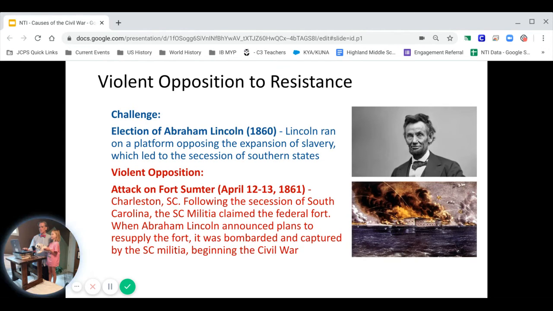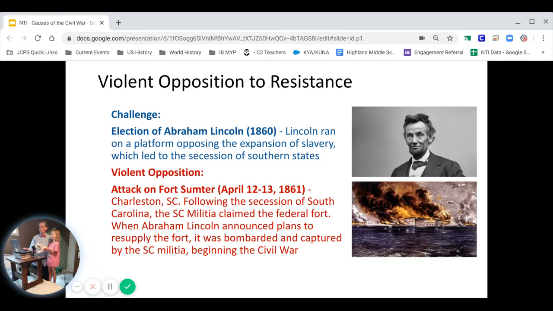So not only did they secede and were no longer considering themselves part of the United States, but in South Carolina, the first state to secede, the South Carolina militia claimed that the federal fort, because it was in South Carolina, was now their fort. So Abraham Lincoln announces plans to send supplies there.